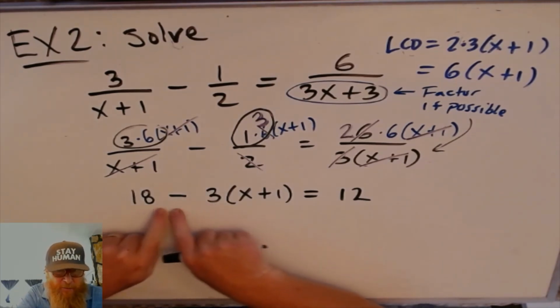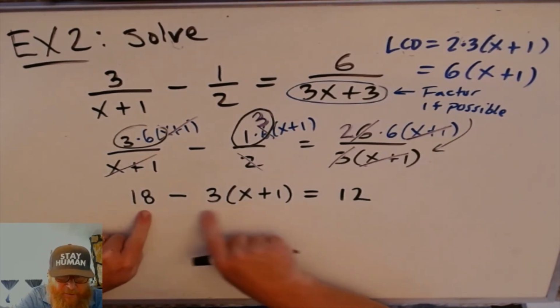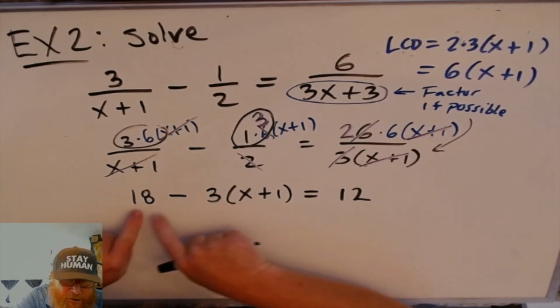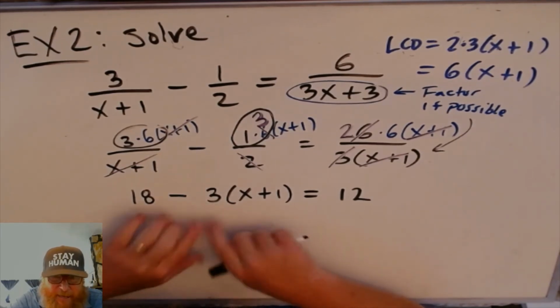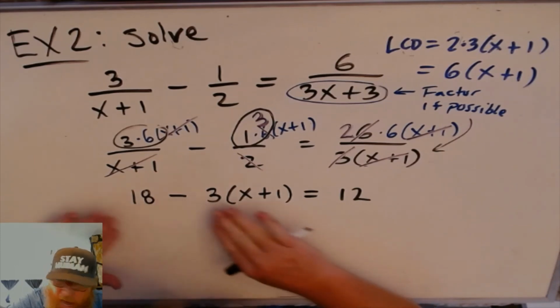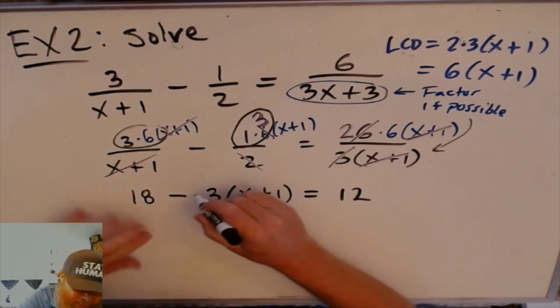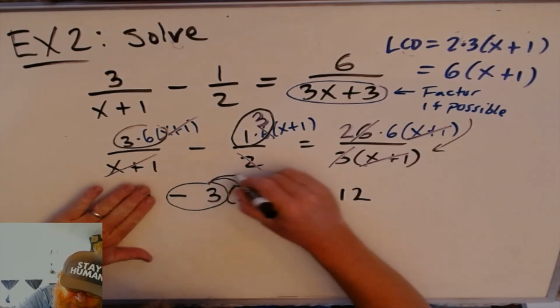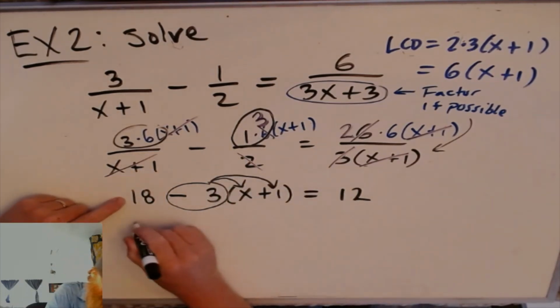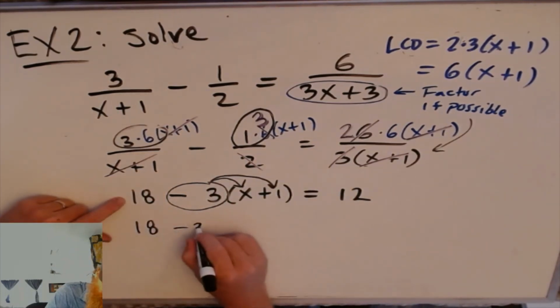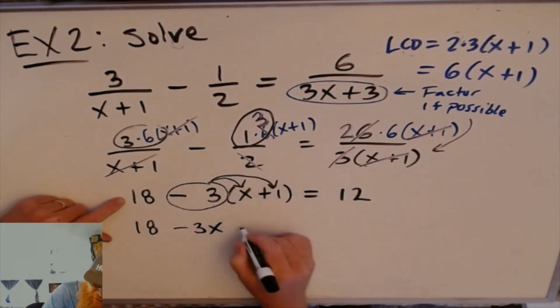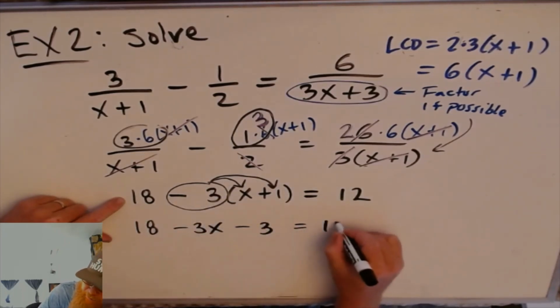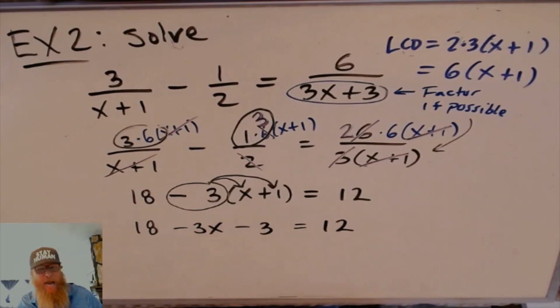Remember what I called this thing in the front of a parenthesis? If you see an easy operation like 18 minus 3, that's called bait. Do not do 18 minus 3. The 18 goes after you've gotten rid of the parentheses. Then you can combine the 18. You have to use the distributive property before you do any adding or subtracting.